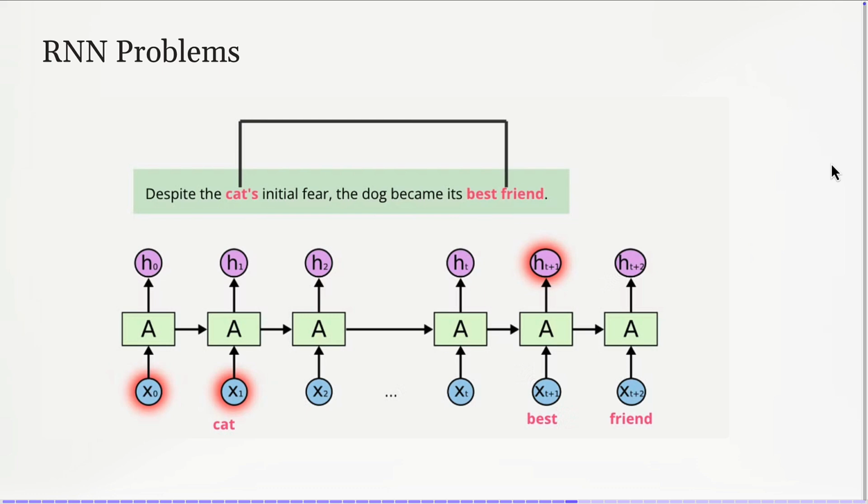We're not going to have a good perception of all the information that comes, because the impact of this word will be much higher than the impact of this word, and this word, and this word. So RNN suffers from the problem of memory in long sequences. This is one of the issues. It's a memory issue. It's not able to remember very well, and the information is going to become non-significant.